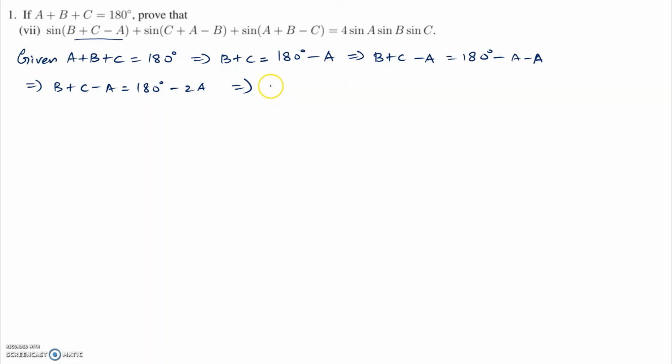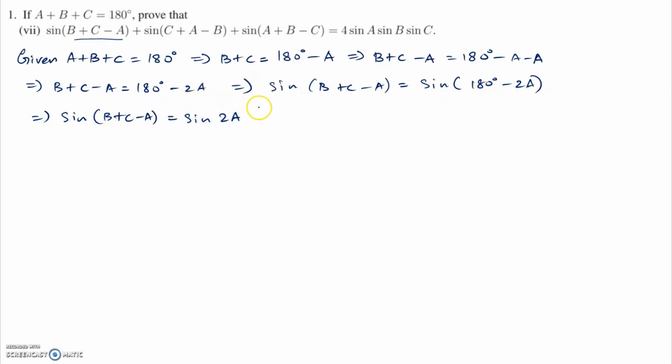So this implies sin (B plus C minus A) is equal to sin (180 degrees minus 2A), which will be equal to sin 2A. Therefore, the first term here is sin 2A.